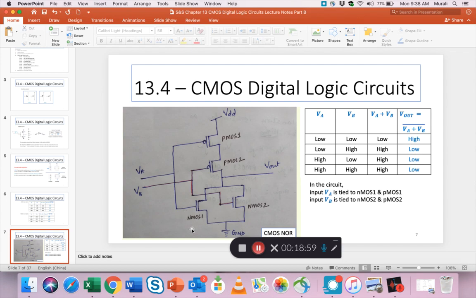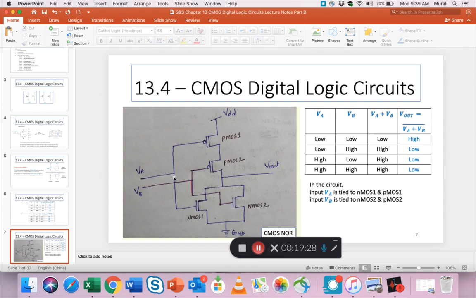So, what I show you is, to execute a NOR table, we have 2 NMOS transistors at the bottom, and they are connected in parallel, and we have two PMOS transistors on the top which are connected in series. And the way I show VA and VB, I hope you're familiar with it by now. For VB, I have shown a red line also to help you understand. But VA is tied to NMOS 1 and PMOS 1.